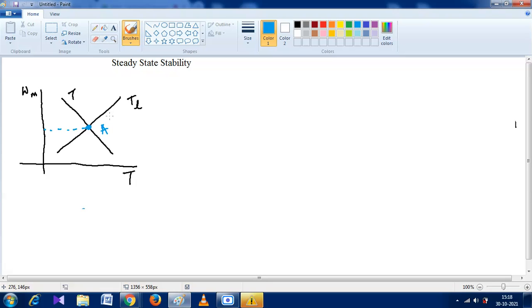Is point A a stable or unstable equilibrium? We have to check it. We know that when T is equal to TL, what is the value of d omega m by dt?